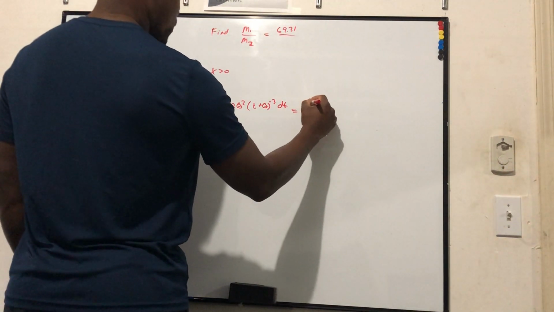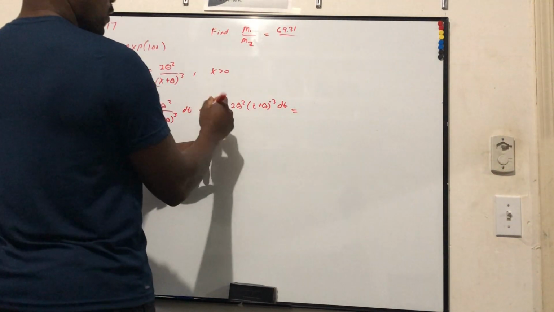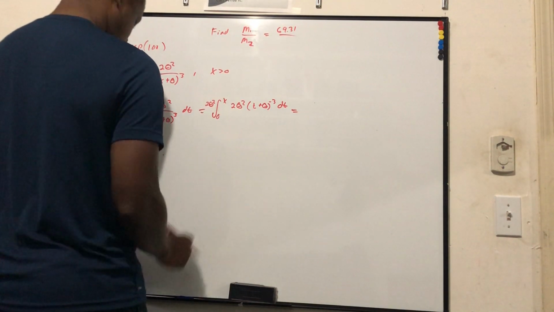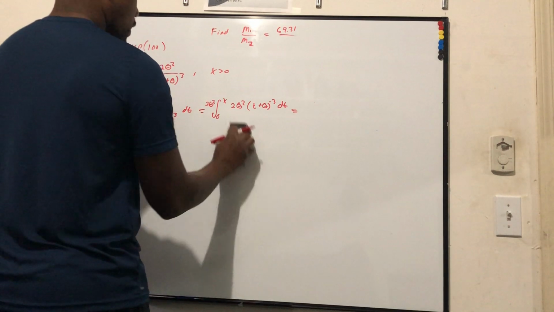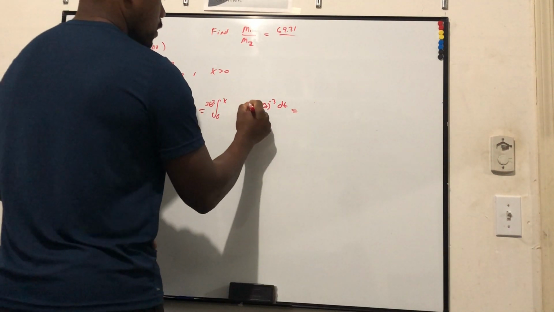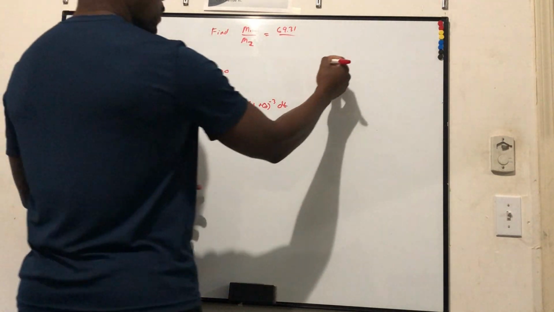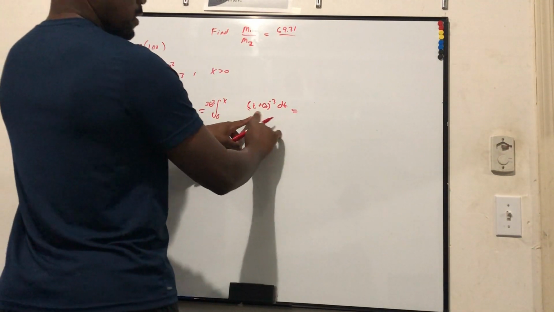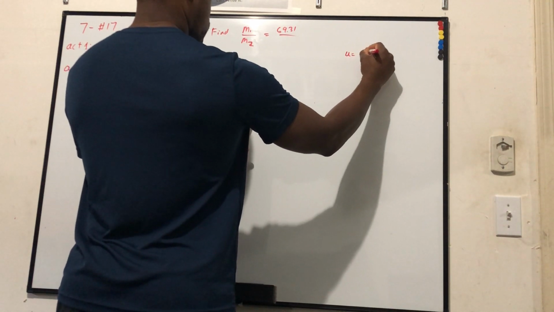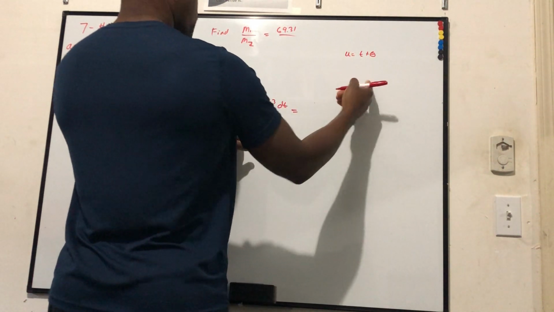So I'm going to move this on the outside here, and I'm just going to put 2 theta squared here and move that to the outside, because this is nothing but a constant, okay? It's nothing but a constant. So what we have here is that we have a dilemma inside here. We're going to go ahead and do a u substitution that u is equal to t plus theta.